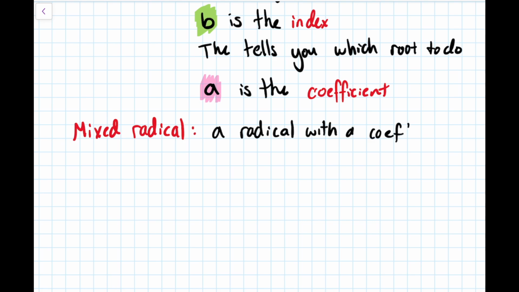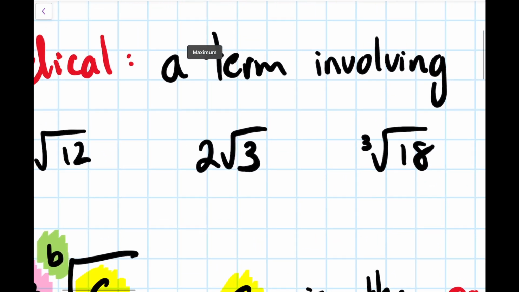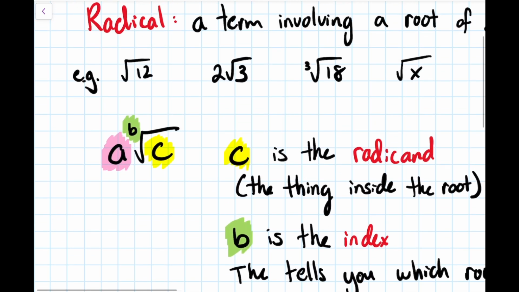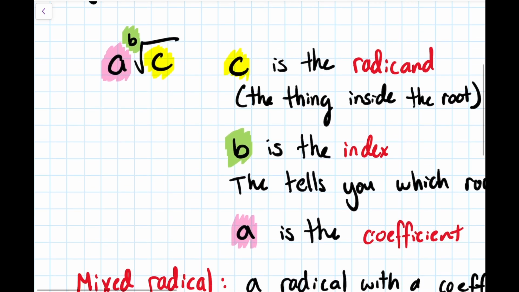So if you look back at those previous examples, we had 2 root 3. So the 2 is a coefficient for our root 3. So that's a mixed radical versus these other 3 up here. Since they don't have coefficients, those are not mixed radicals.